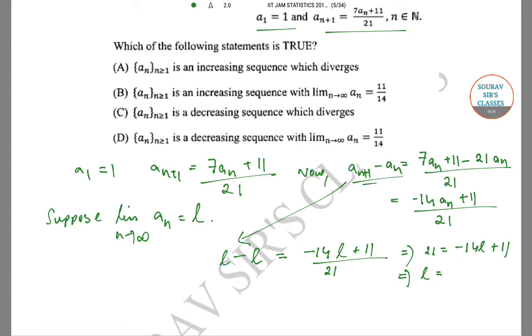I beg your pardon, this is 0 equal to minus 14L plus 11, because L minus L is 0 and 21 gets multiplied by 0. So L equal to 11/14.